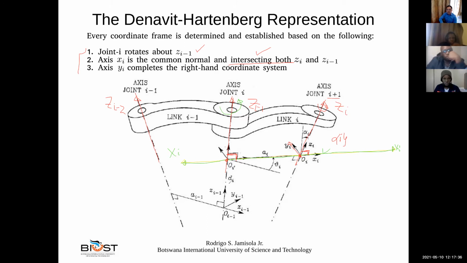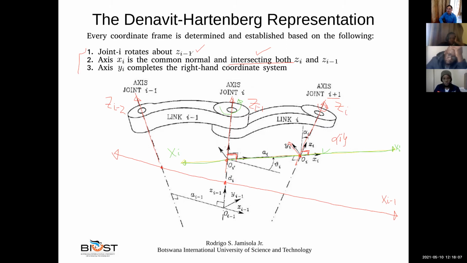It should be intersecting both axes. So now we can intersect here. Yeah, it's intersecting and it's also intersecting. So this is Xi minus 1, intersecting both Zi minus 1 and Zi minus 2.